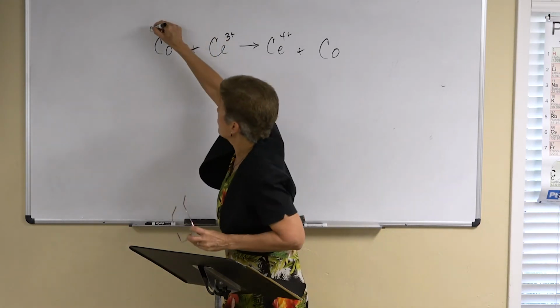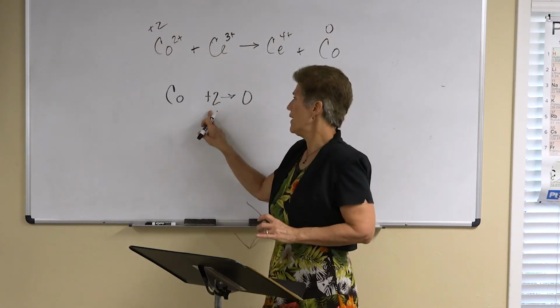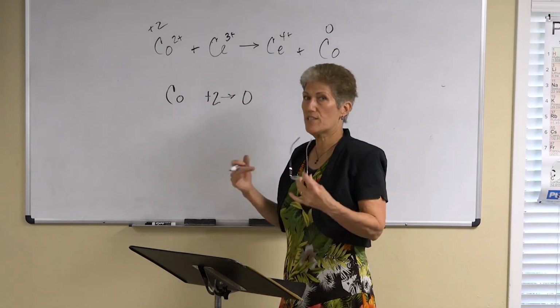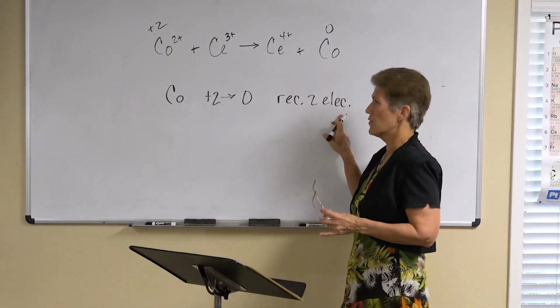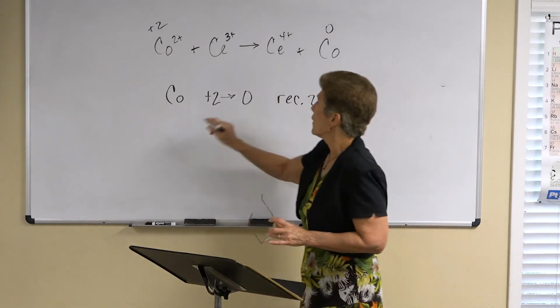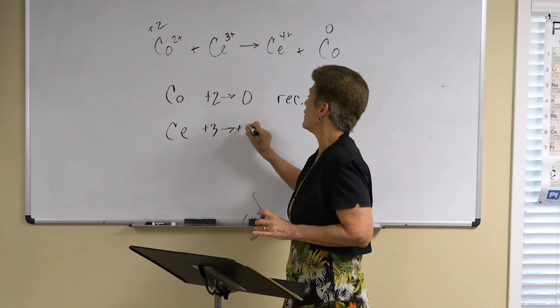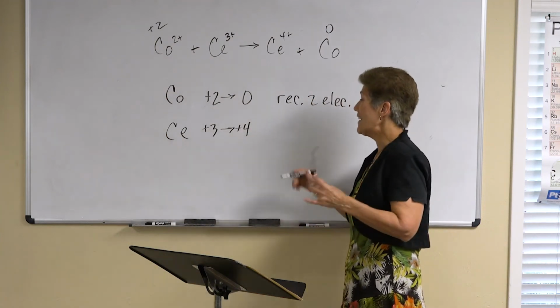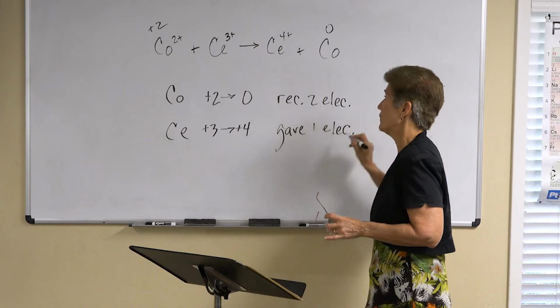And then number 6 asks us to balance the following redox reactions. Here we've gone from a +2 to a 0. Cobalt went from +2 to 0, so it received 2 electrons. Cesium went from +3 to +4, which meant it gave 1 electron.